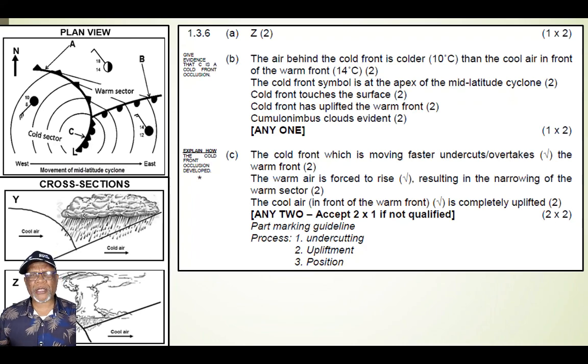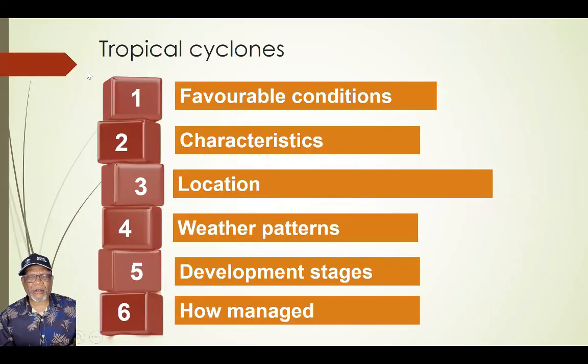It's going to go beneath the warm front and uplift the warm front completely from the surface. So that is how it's going to happen. Because of the steeper gradient, it moves faster, and when it moves faster, it undercuts the warm front, and after undercutting it, it completely removes it from the ground. Now, let's move quickly to our tropical cyclones.